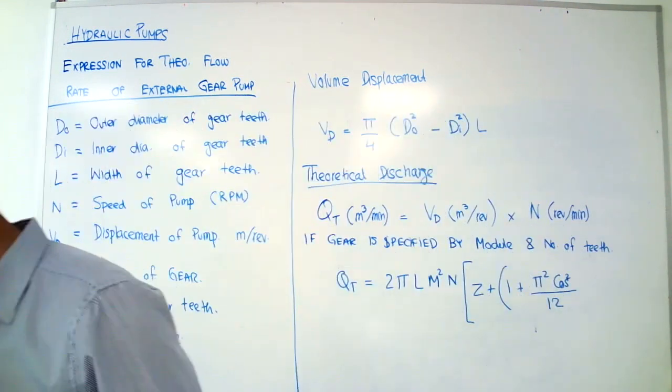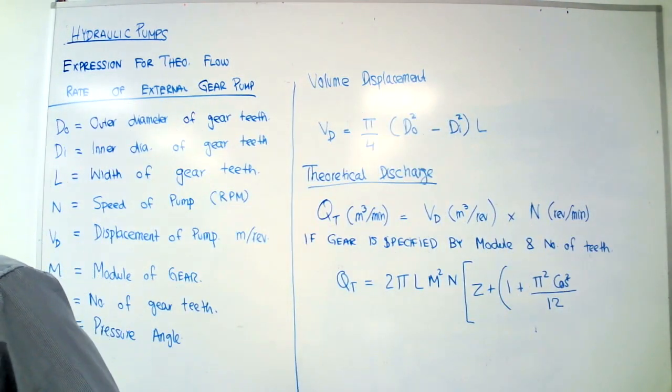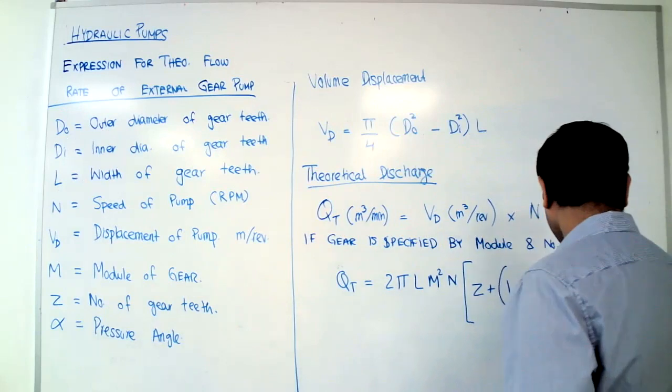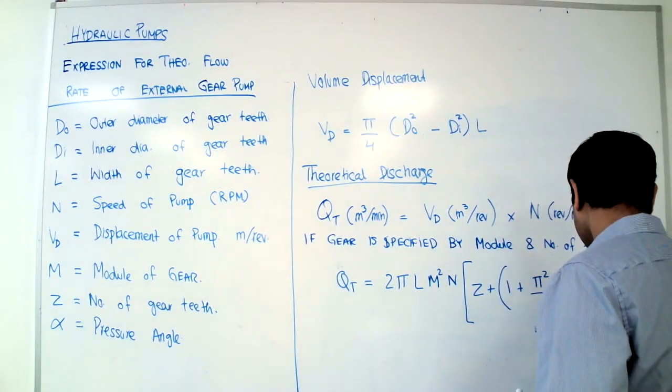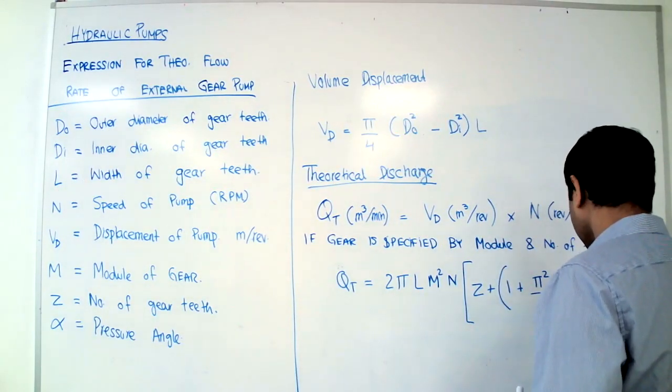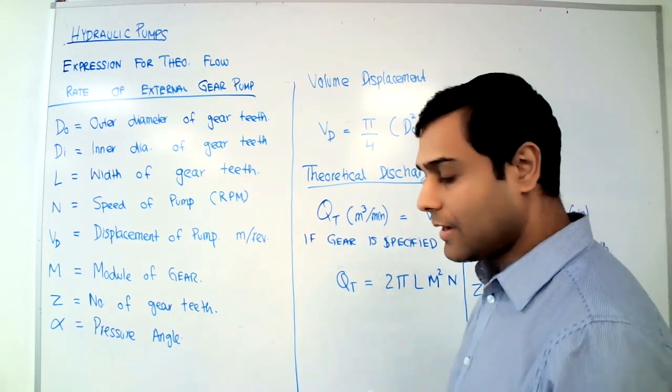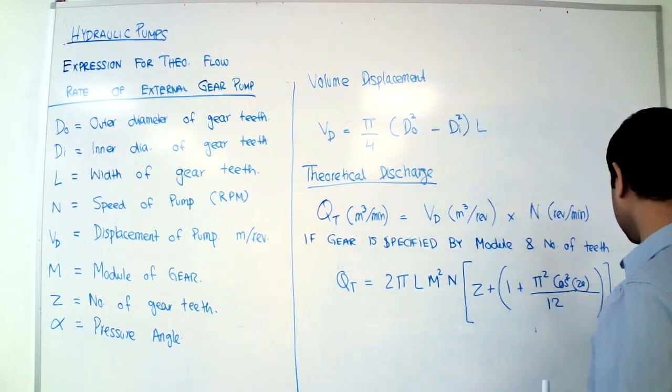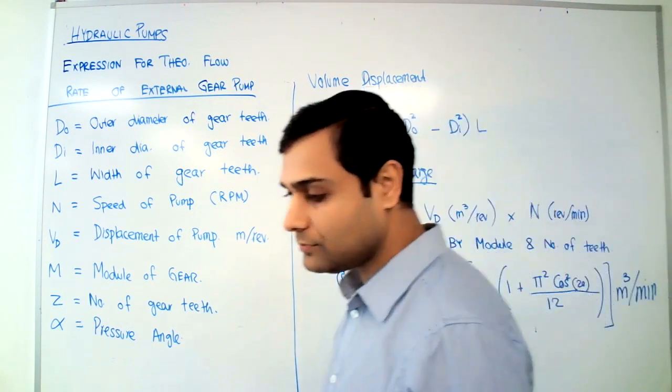Cos squared 20 or cos squared alpha? Cos squared 20. And that will give you the answer in meter cube per minute.